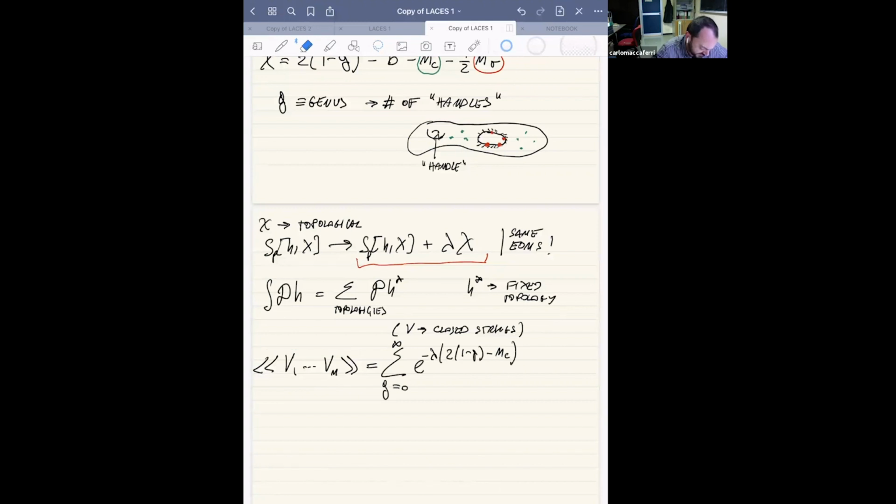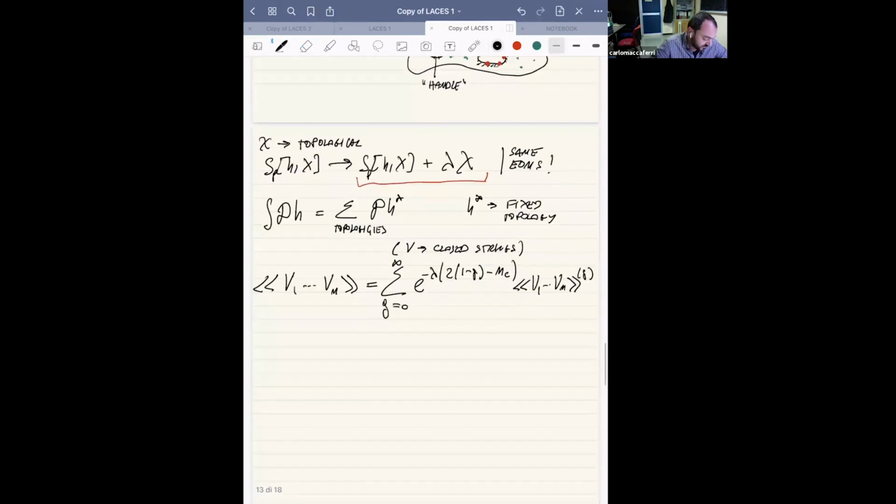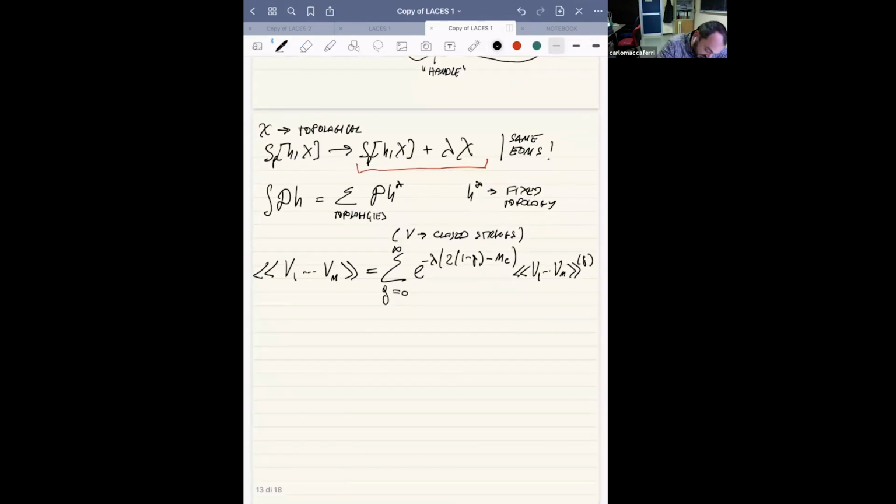Of course I could also introduce them, but at the moment I'm not interested in doing this, because I want to show you something a little simpler. Then I remain with a path integral of the same gauge invariant operators, but this time at fixed topology, so at fixed genus. And what is this that I have to compute?